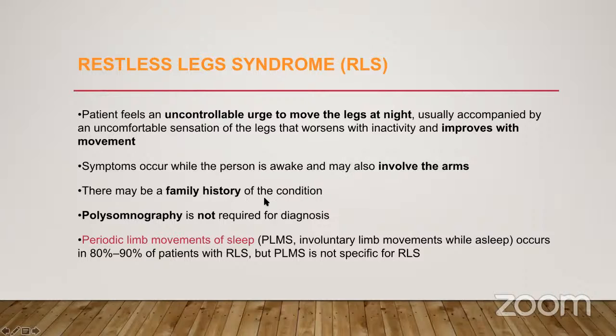We can use polysomnography to diagnose it, but it is not required. In polysomnography we can see periodic limb movements in sleep, which are involuntary limb movements while asleep. This is seen in only 80 to 90% of patients with RLS, and it is not specific for RLS.